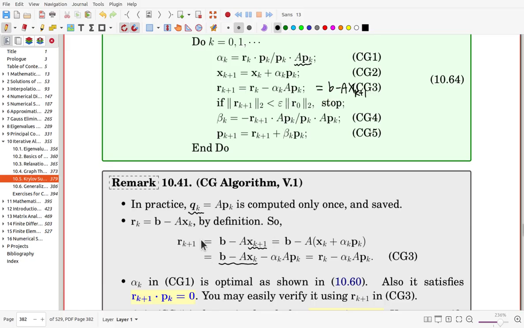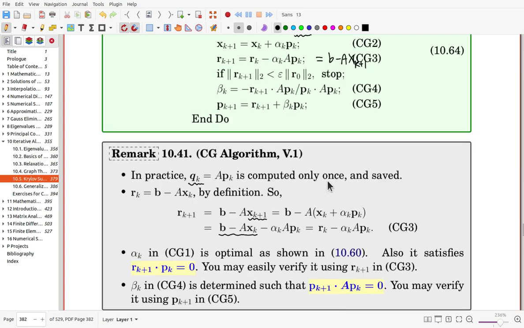Now alpha_k in the first line is optimal. We already saw that. Also, it satisfies r_{k+1} dot p_k equals 0. You can easily check here. Now r_{k+1} dot p_k. What is r_{k+1}?